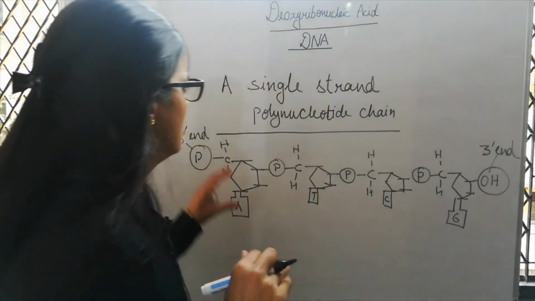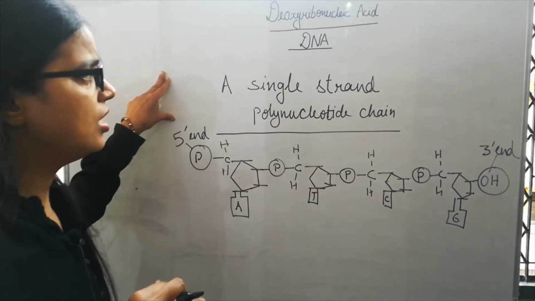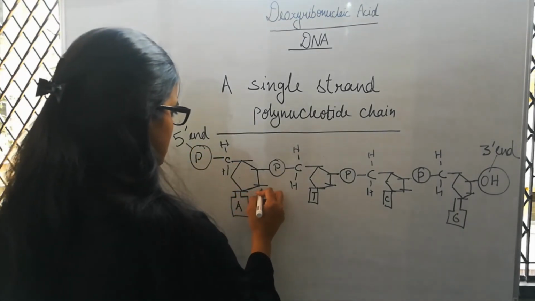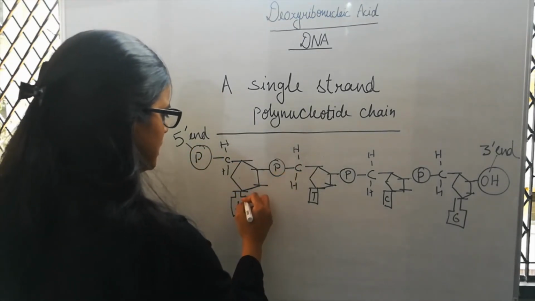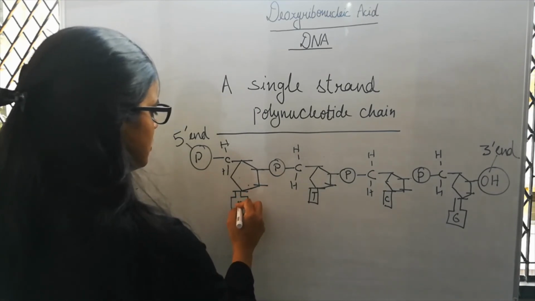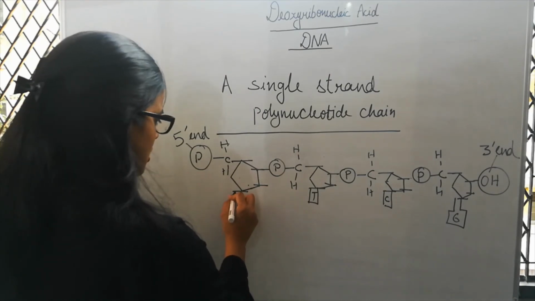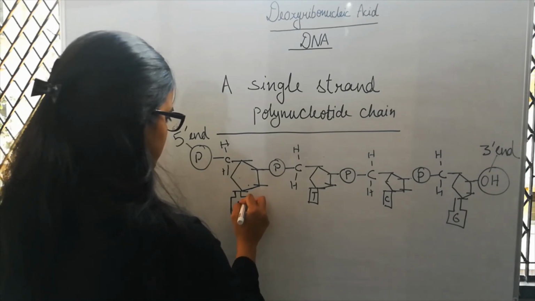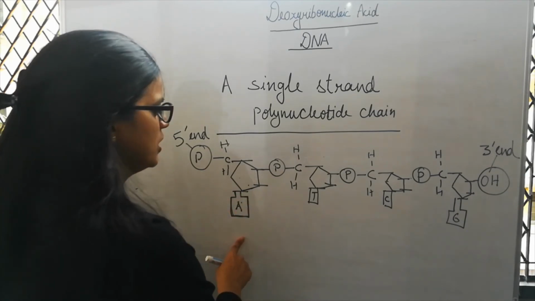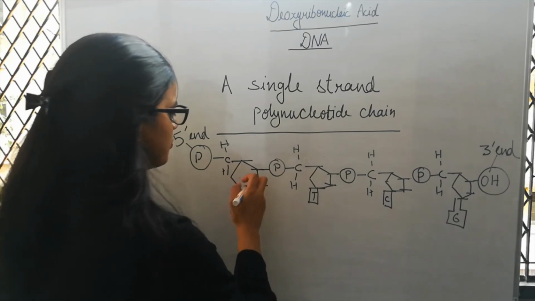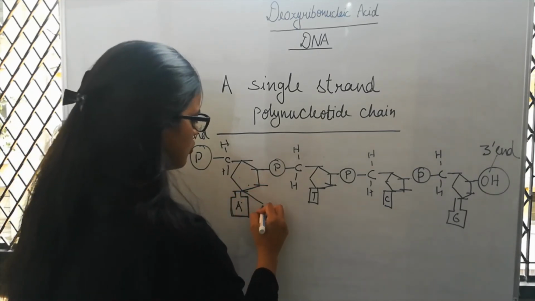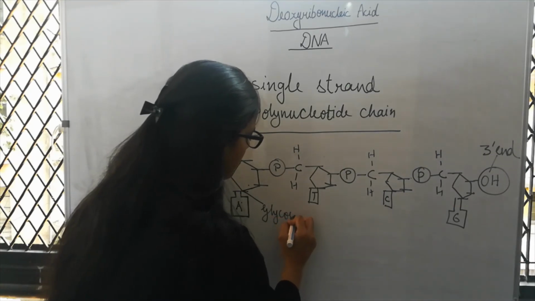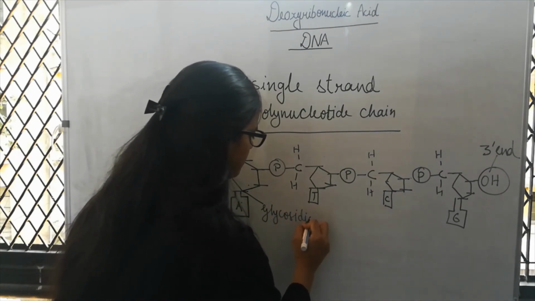This is a single stranded polynucleotide chain. There are two bonds. You can see the nitrogenous base, adenine, which is a purine, attached to sugar. This bond is called glycosidic bond.